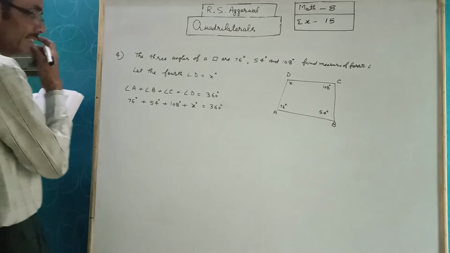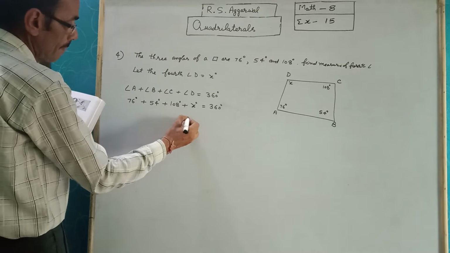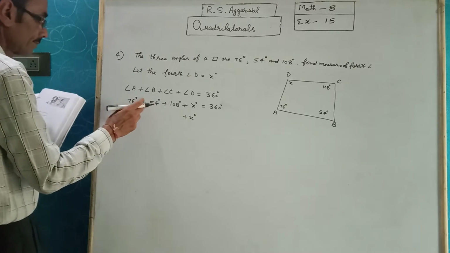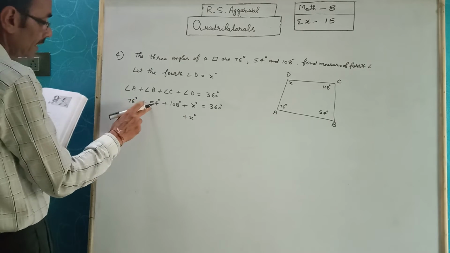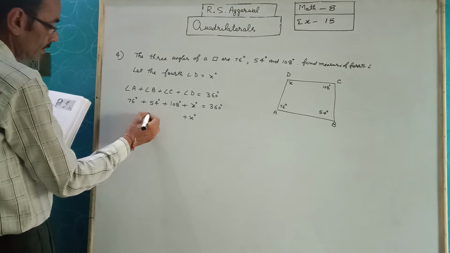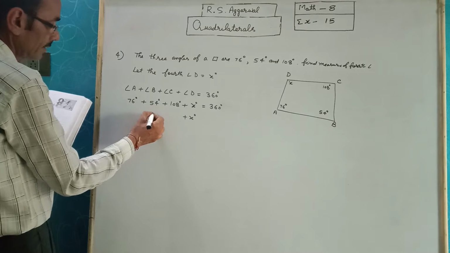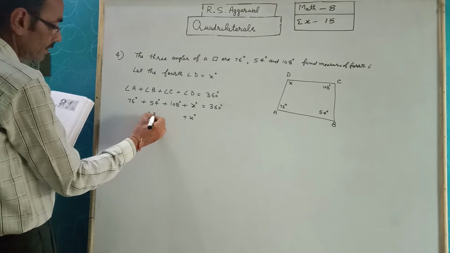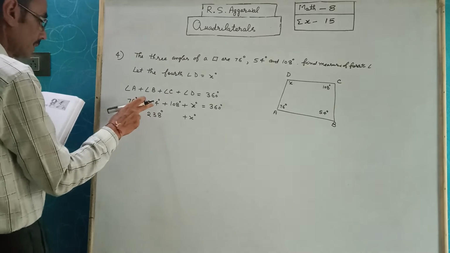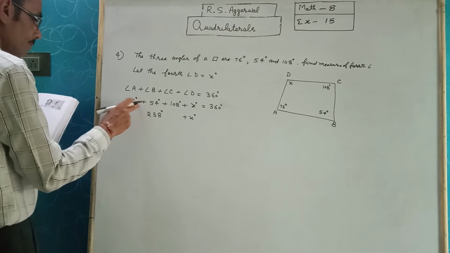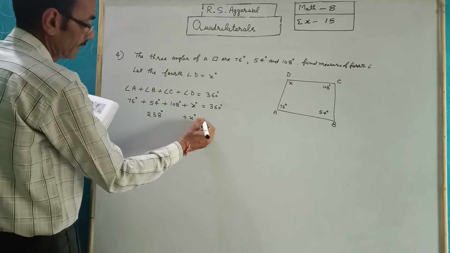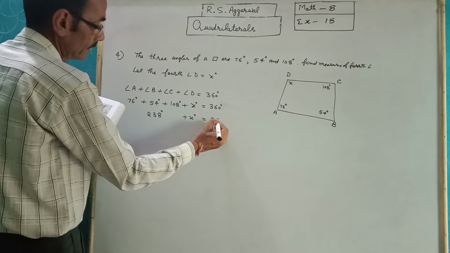After adding, 76 plus 54 plus 108 is 238 degree. So 238 plus X is equal to 360.